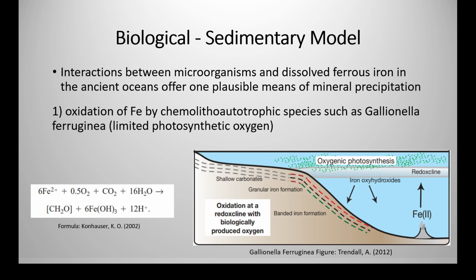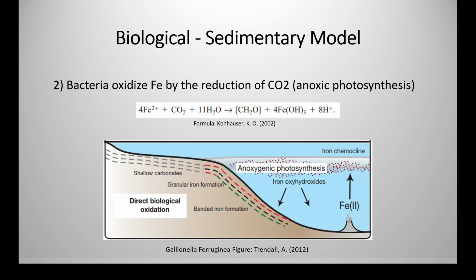So this oxidation is by chemolithoautotrophic species such as Galionella ferruginea, and these are limited by photosynthetic oxygen. Although there is also a way to explain that bacteria could oxidize the ferrous iron by the reduction of CO2.